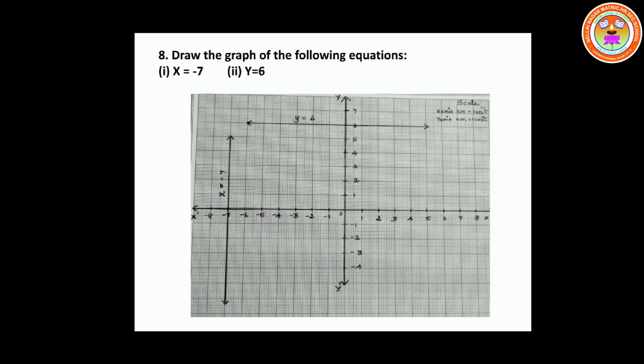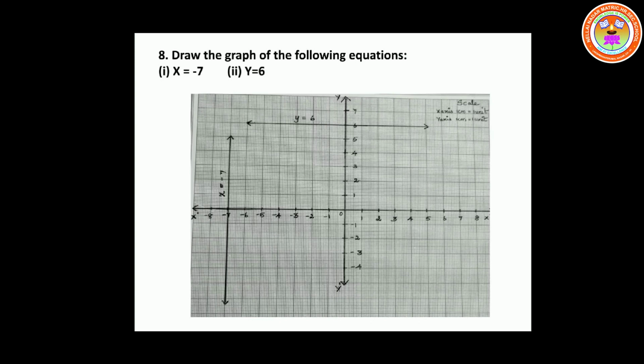I have taken positive x values till 8 and on the negative y-axis till minus 4. So the scale is on the x-axis 1 centimeter equals 1 unit, and on the y-axis 1 centimeter equals 1 unit.